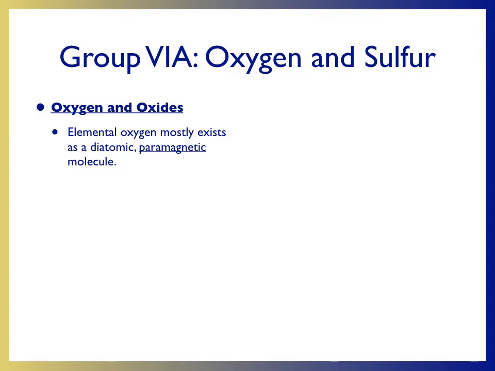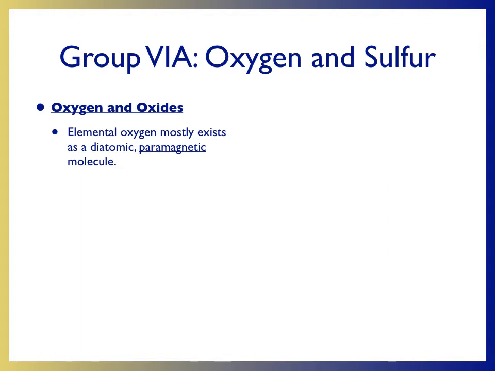We can compare this to nitrogen, where all electrons are paired up. Nitrogen is typically chemically inert in terms of reactivity, where oxygen is a much more reactive molecule, again due to the presence of those unpaired electrons.